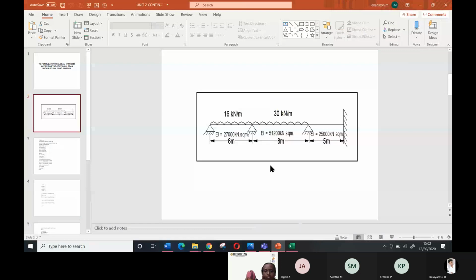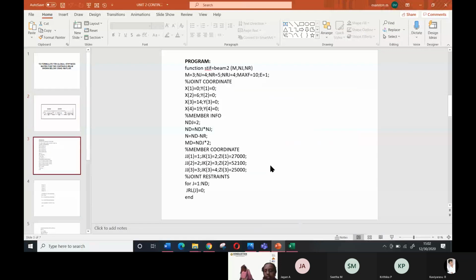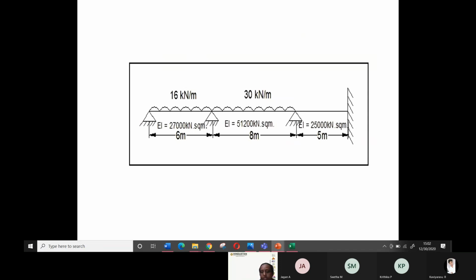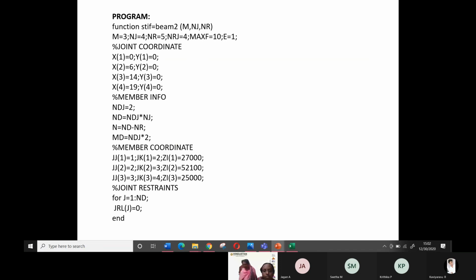Okay, we are seeing how to write the computer program for this beam. When you take the beam, it is 6, 8, and 5 meters. So once again, I'll draw it.